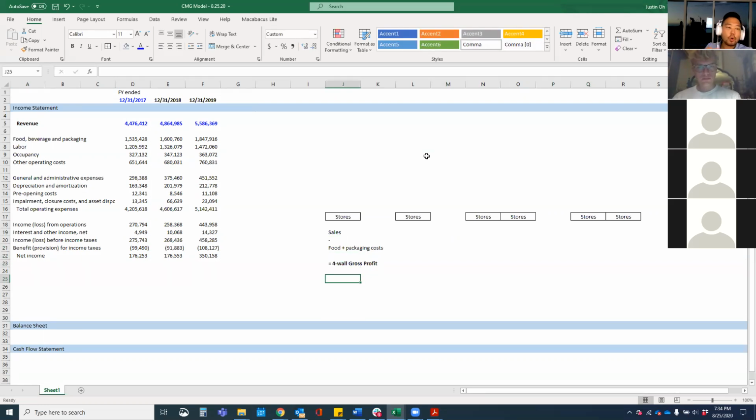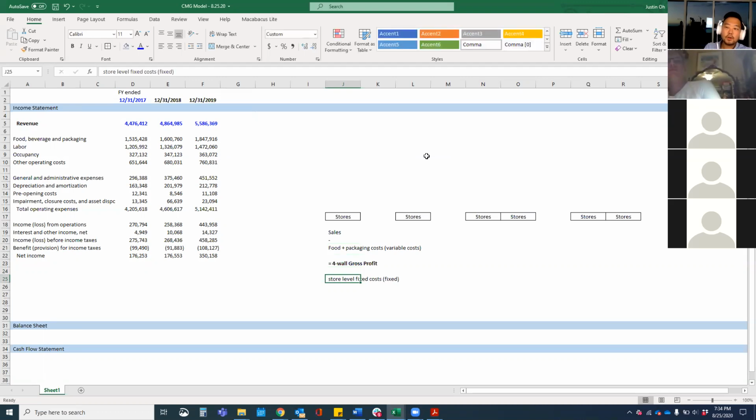And then you have store level fixed costs, right? So there's going to be variable costs. Then you got fixed, like store. These are somewhat fixed, right?